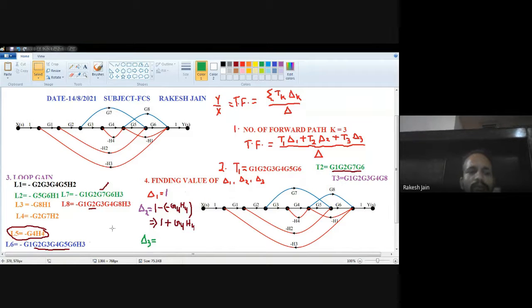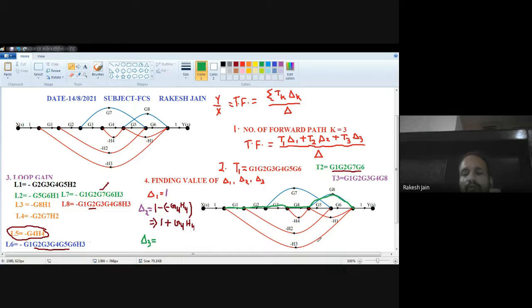Which loops do not touch the third forward path? So where is the third forward path? The third forward path value is G1, G2, G3, G4, G8. So this one is the third forward path.